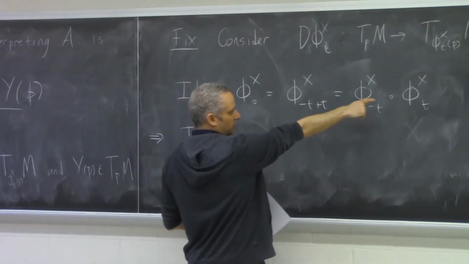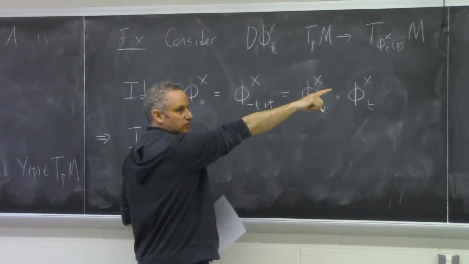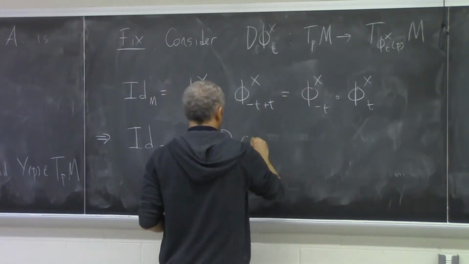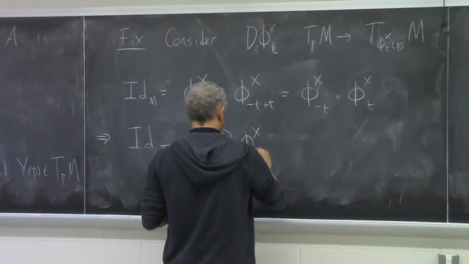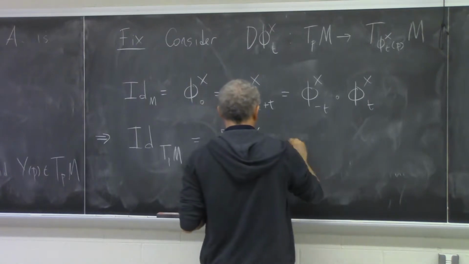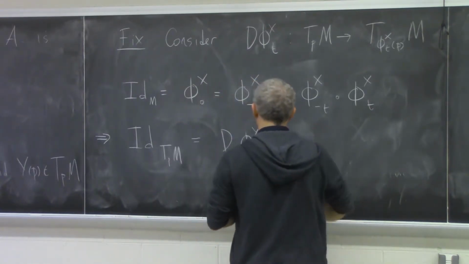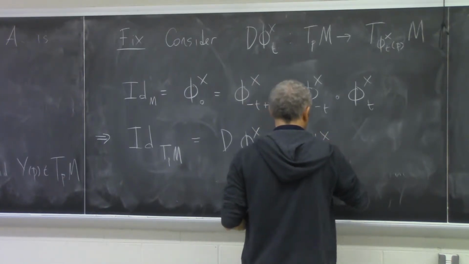And then the chain rule tells us what the derivative of this is. This is the composition of the derivatives, right? So it's d of phi x of minus t, composed with the derivative of phi x t.